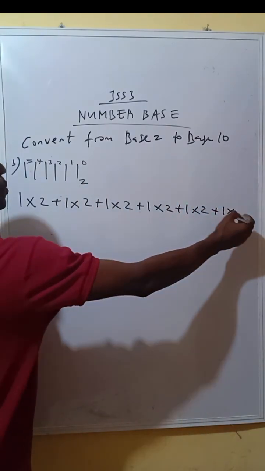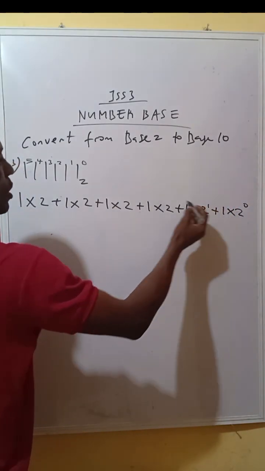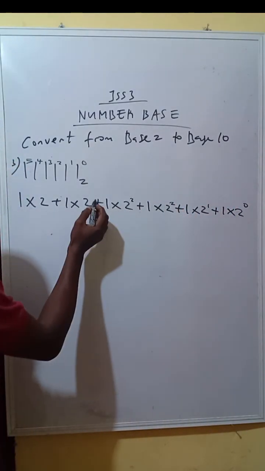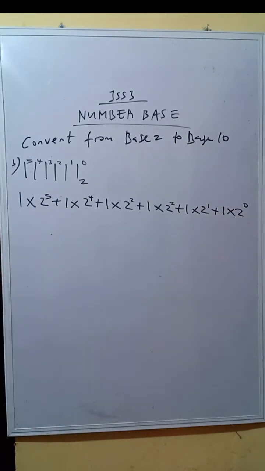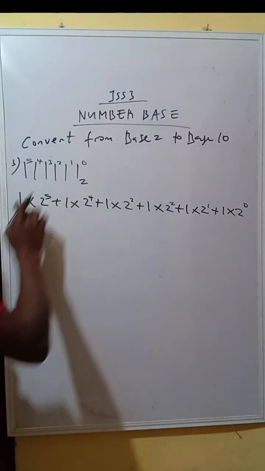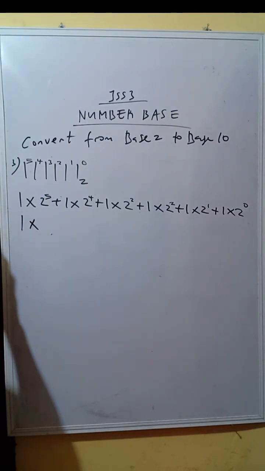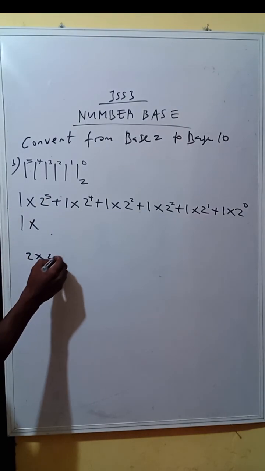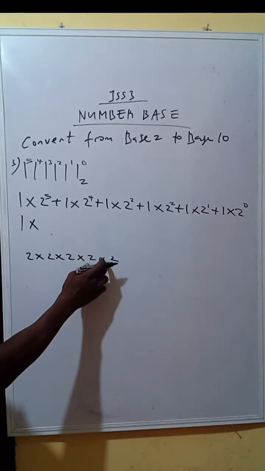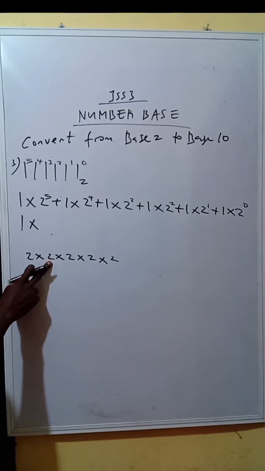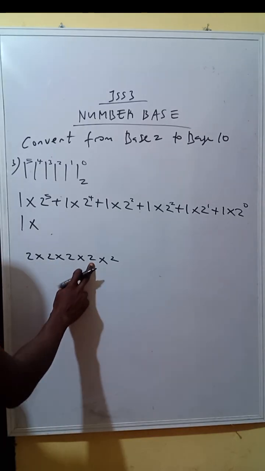So you can number the 2s 0, 1, 2, 3, 4. So 1 times, what is 2 raised to power 4? 2 in 4 places multiplied: 2 times 2, 4, 4 times 2, 8, 8 times 2, 16.